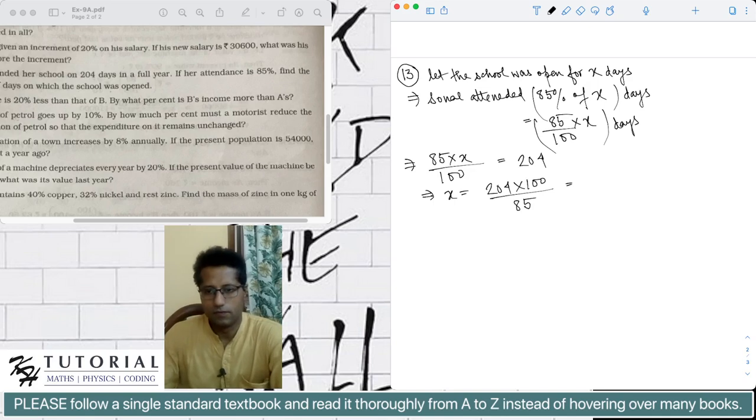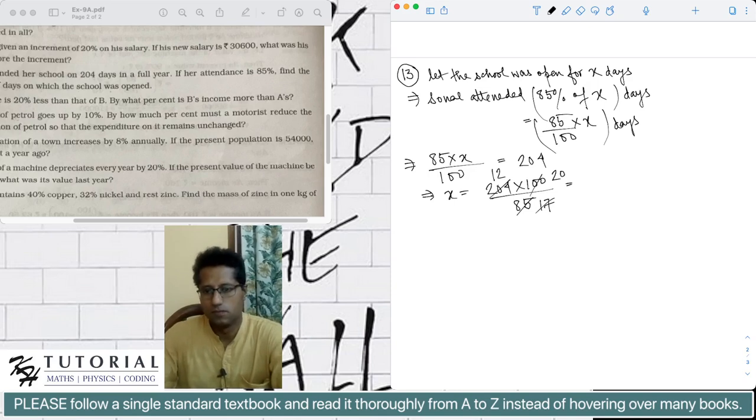This is equal to, after cancellation, 5 divides 85, 1, 17, 20, and 17 divides 204 with 12.